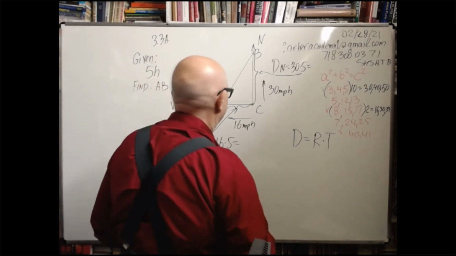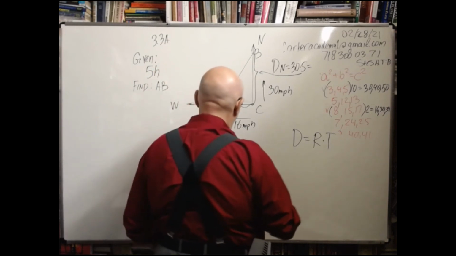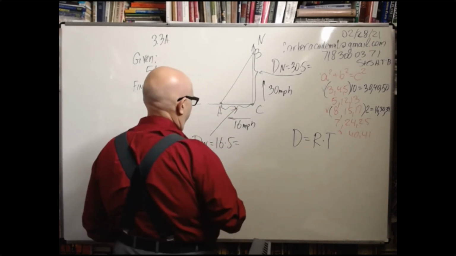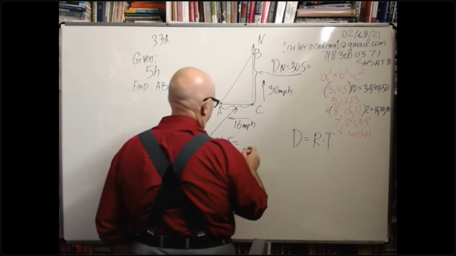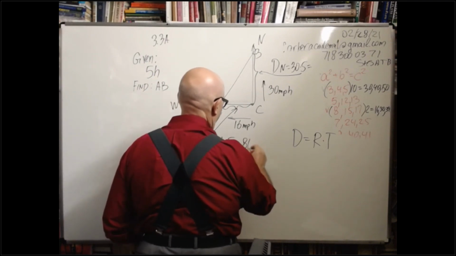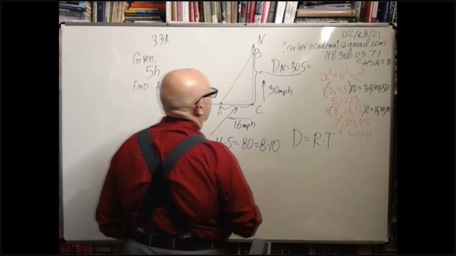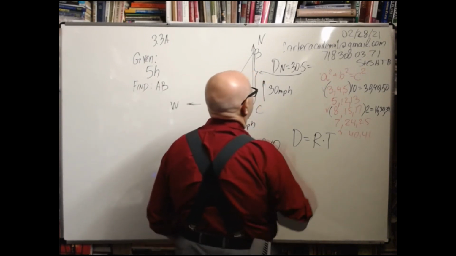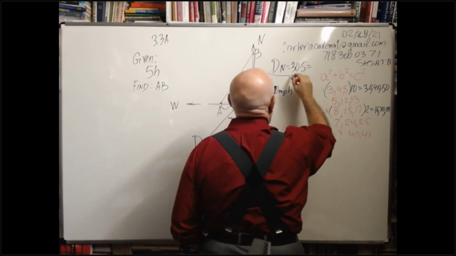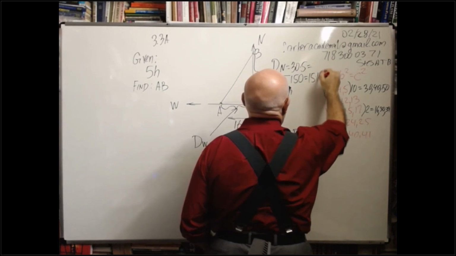What is 16 times 5? It's the same like 8 times 10. 16 times 5 is 80, which is 8 times 10. What is 30 times 5? It's 150. It's the same like 15 times 10.